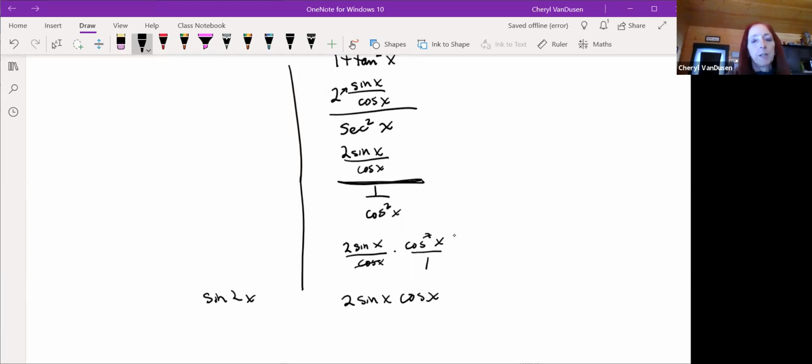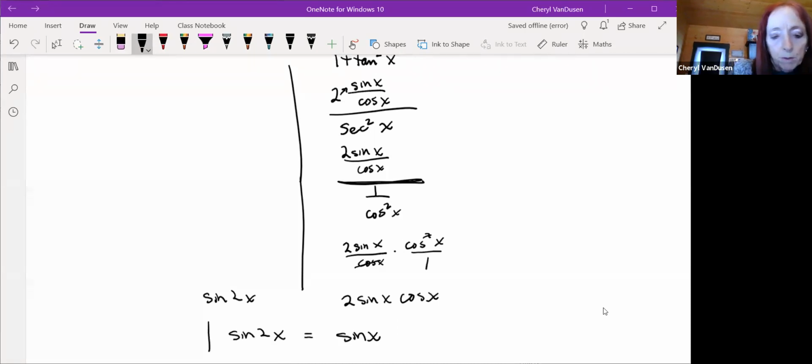Okay, now I don't have the same thing on both sides, but look on your formula sheet. Is there a formula that says sine 2x equals 2 sine x cos x? Down underneath tangent, there is, right? So to finish this, all we'd have to write is sine 2x equals sine 2x, because that's another formula. Sorry, I missed my 2 on this side.